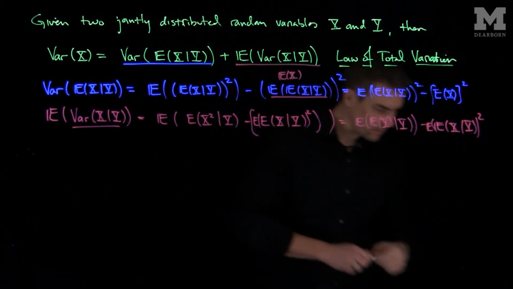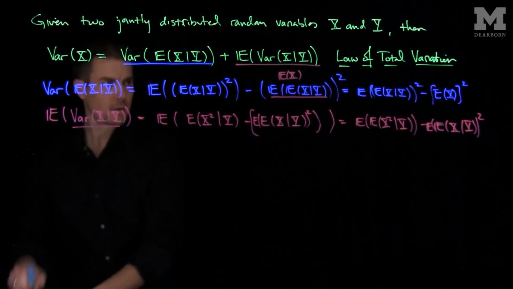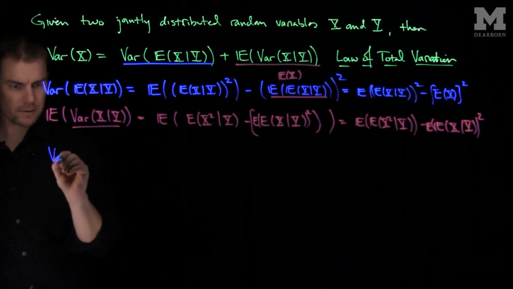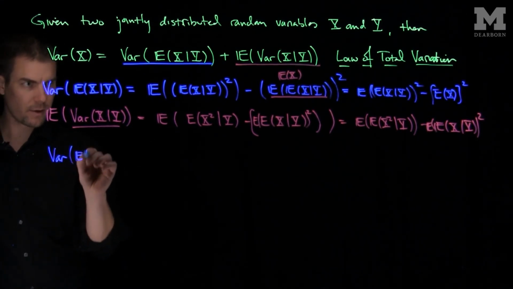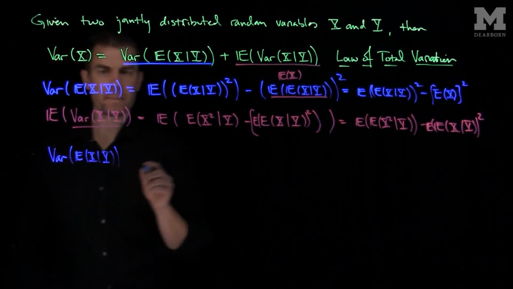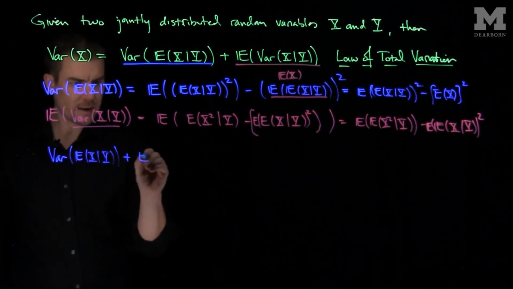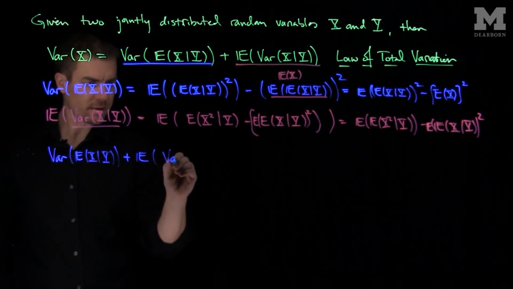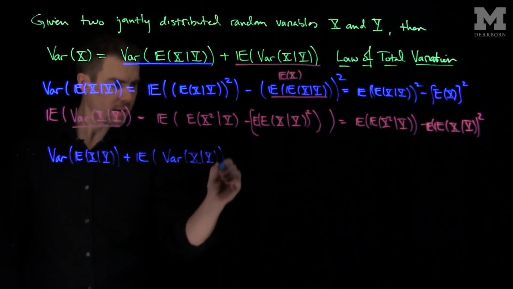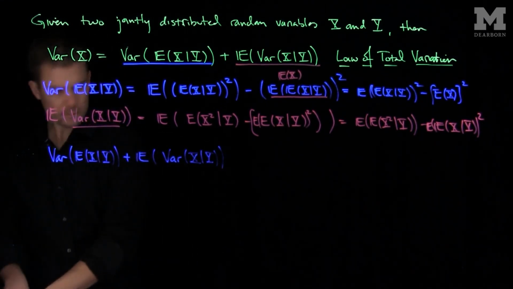Now when we add these terms together, the variance of the expected value of X given Y plus the expected value of the variance of X given Y, there will be four terms total.